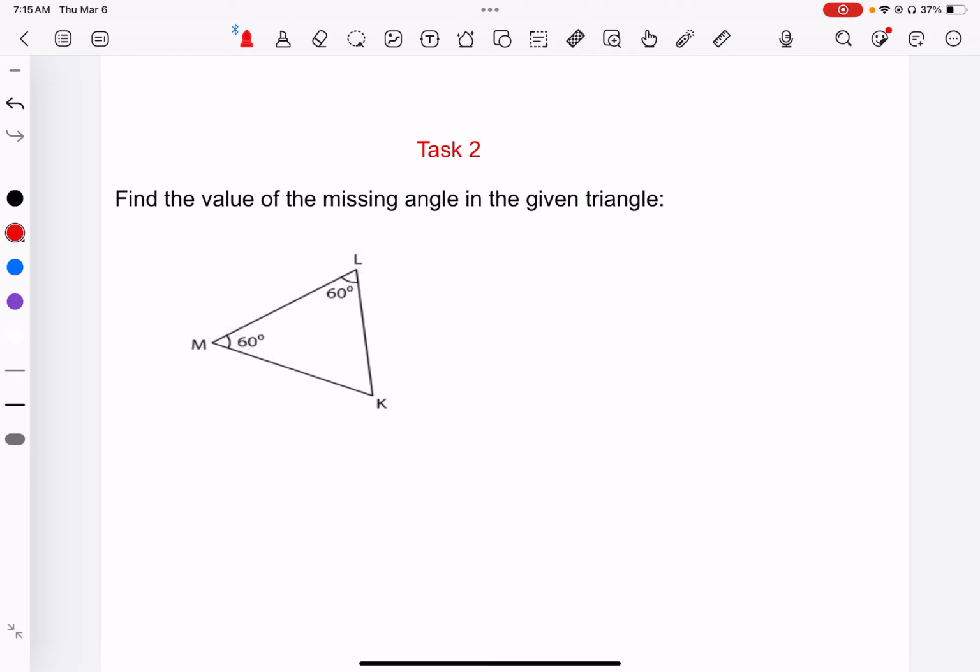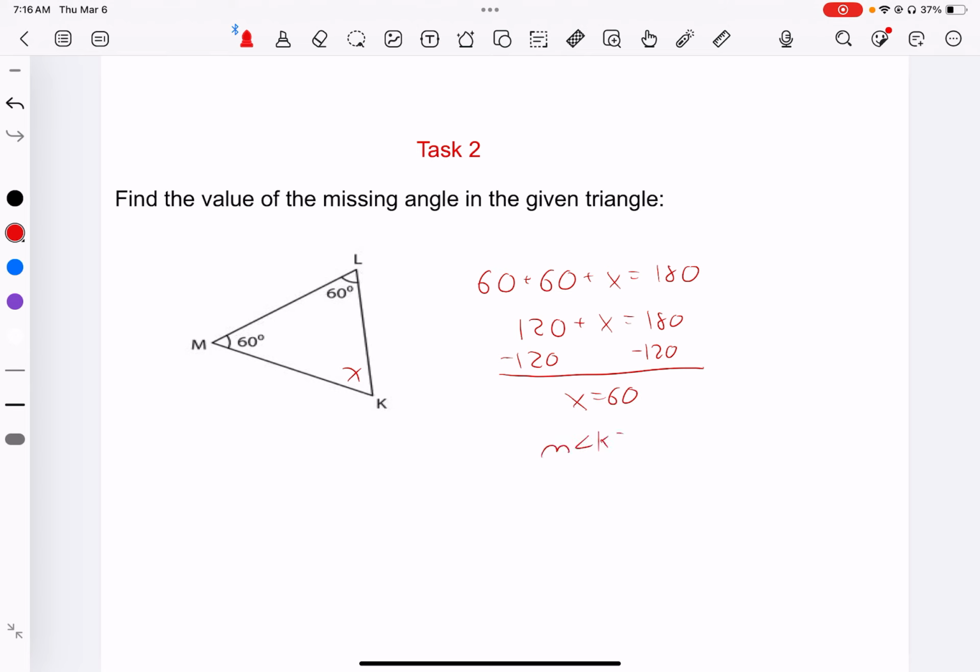I'm going to label my missing angle here with an X. So I have 60 plus 60 plus X is equal to 180 degrees. 60 plus 60 is 120. And when I subtract 120 from each side, X is equal to 60.